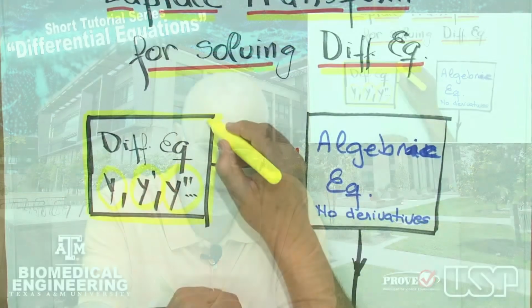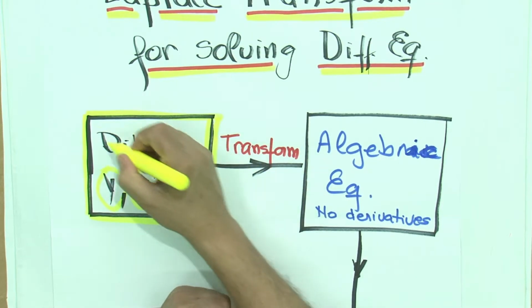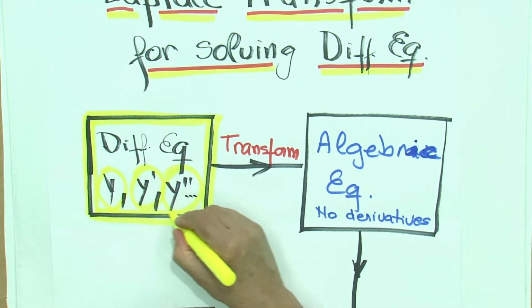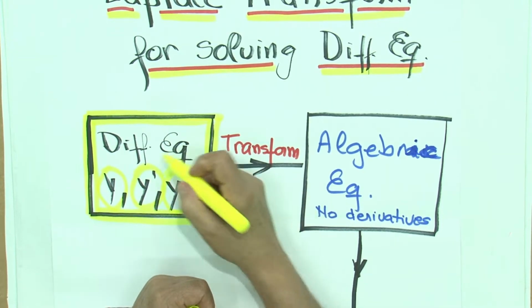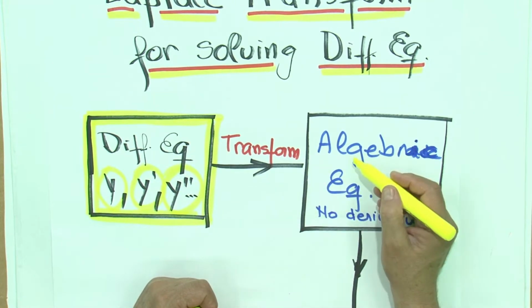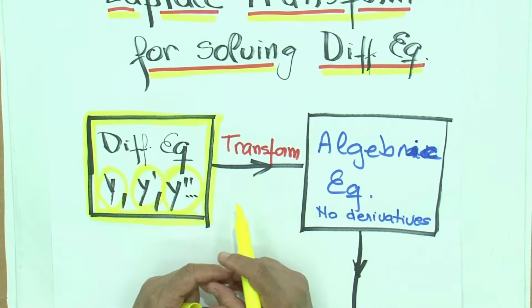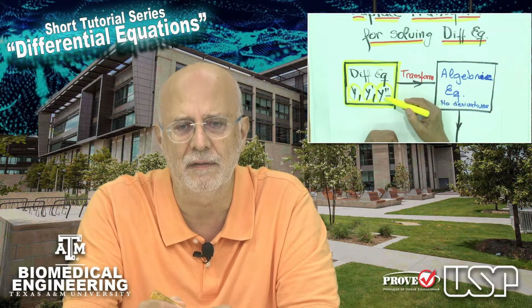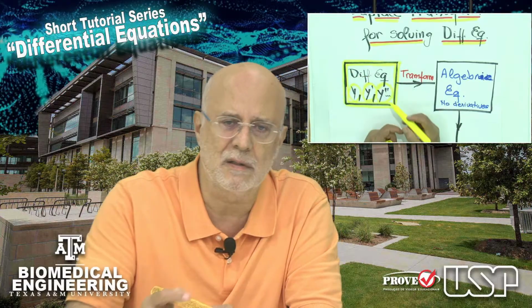Normally you have an expression that relates derivatives, sometimes stopping at the first order, sometimes second, sometimes third, and so on. You can have differential equations that involve very high orders of derivatives.